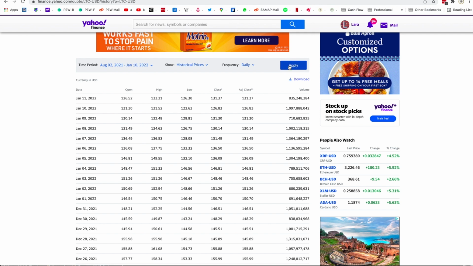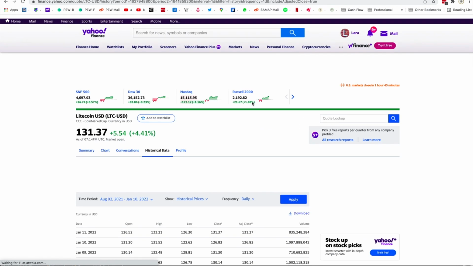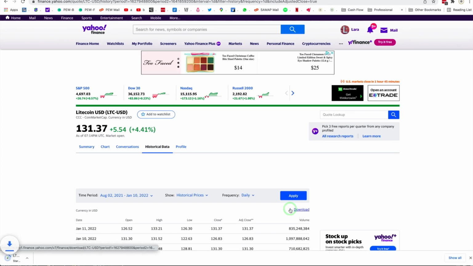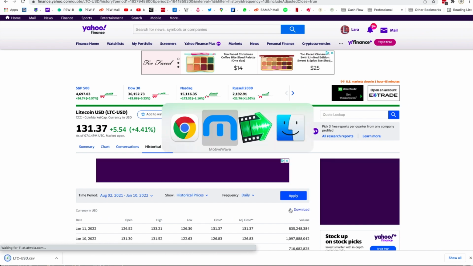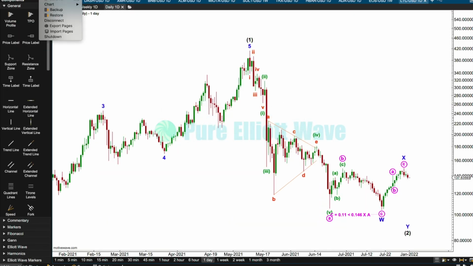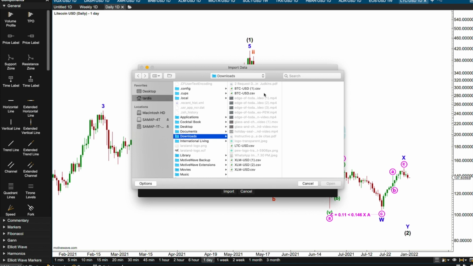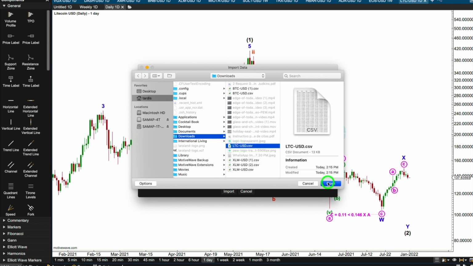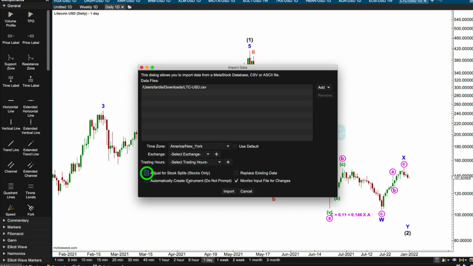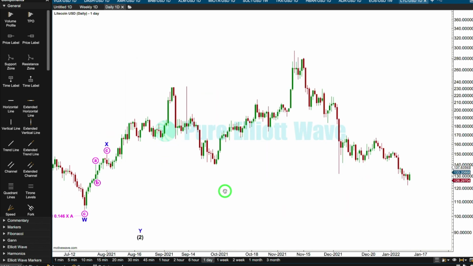Apply. Download. That'll now be in my downloads folder. Go back to MotiveWave, File, Chart, Import Data, Add CSV, find it there, there we go. Uncheck these, import, done.